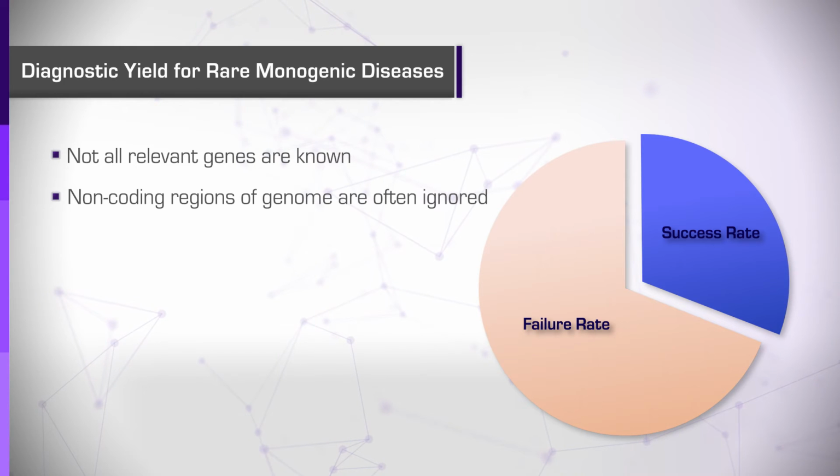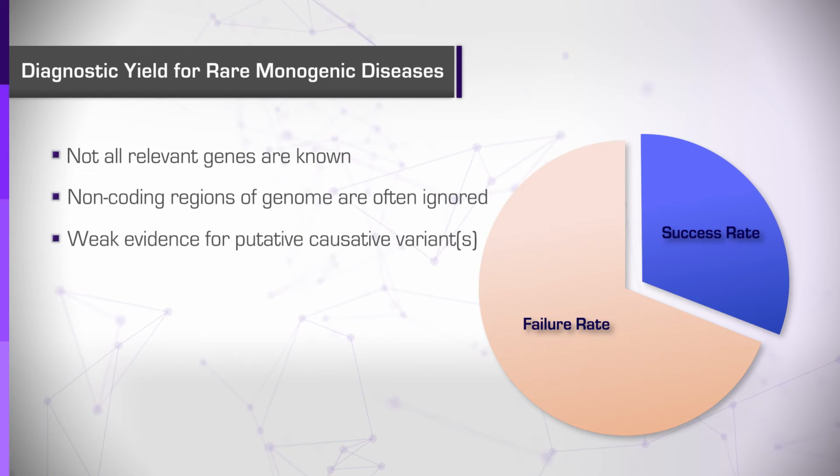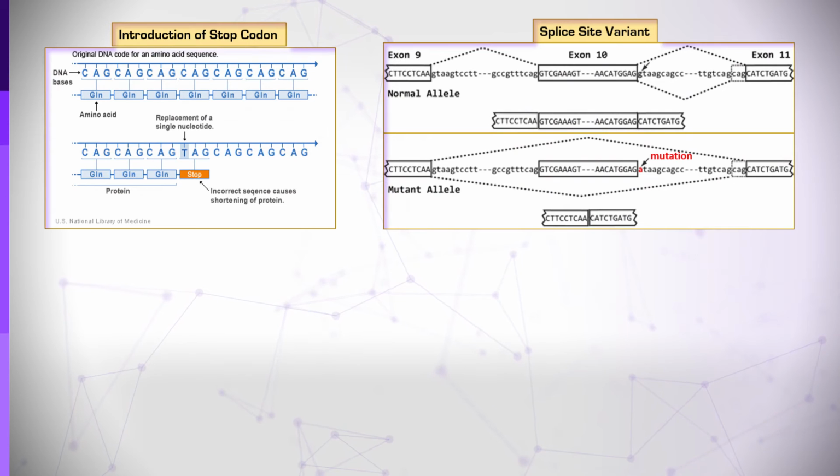A third reason for non-discovery of causative mutations is that many candidate mutations have not been seen sufficiently often to establish a disease relationship and must be assessed by computational methods. As we discussed in the earlier segment, some types of mutation, such as those truncating a polypeptide chain or damaging splicing, are regarded as obvious loss of function, LOF variants.